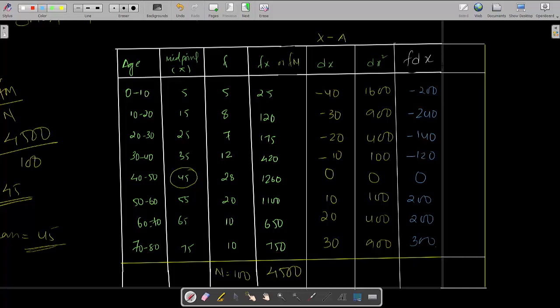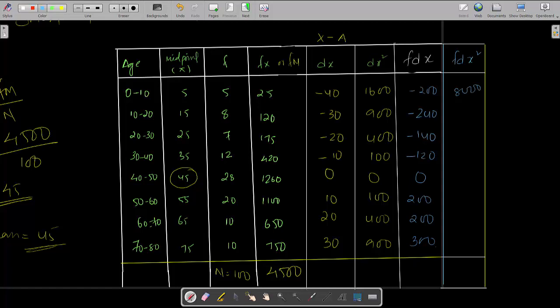Now let's find f dx square, that is f into dx square. If you multiply 5 into 1600, you will get 8000.